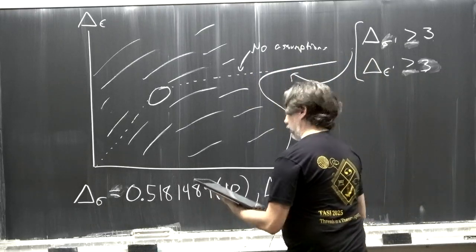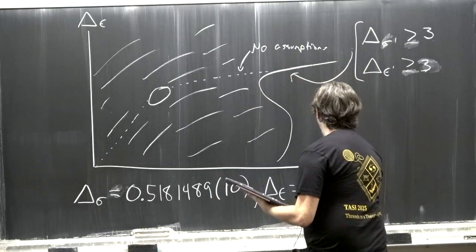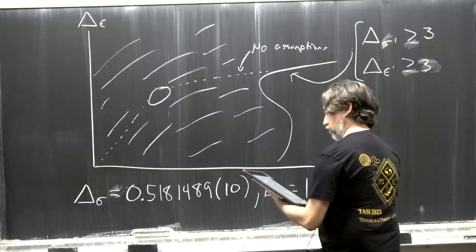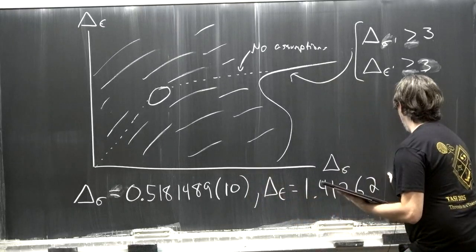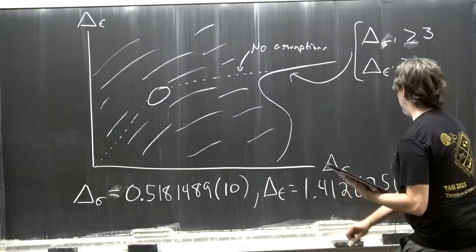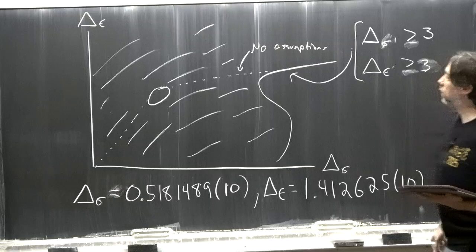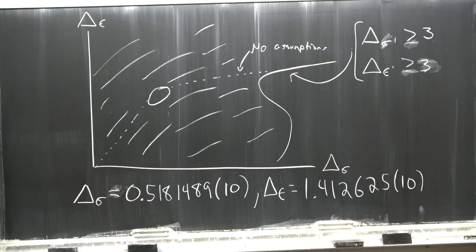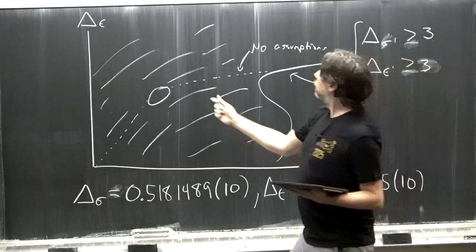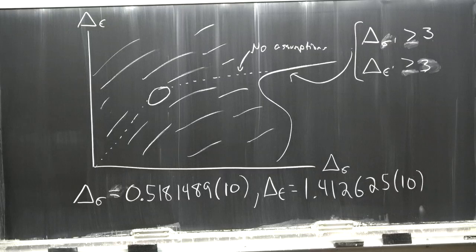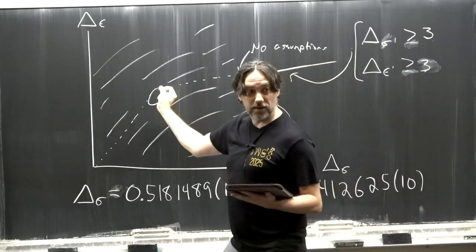Delta epsilon, 1.4126255, 5 digits. So this is the level of precision. You can make it pretty small, and this is the level of precision that you can get by pushing these numerics pretty far and trying to shrink this island as much as possible.